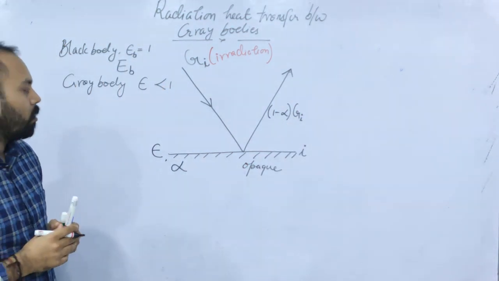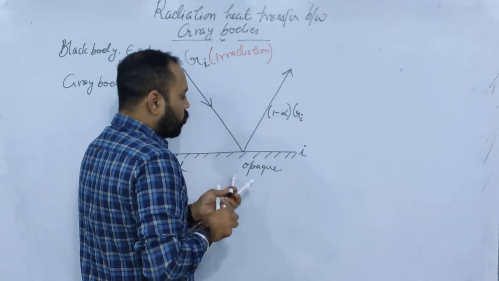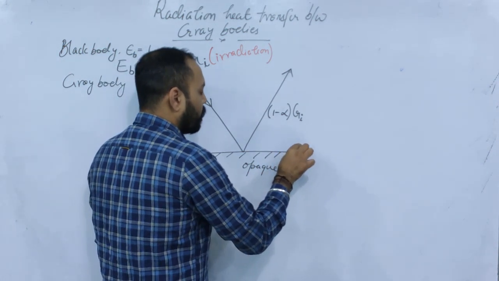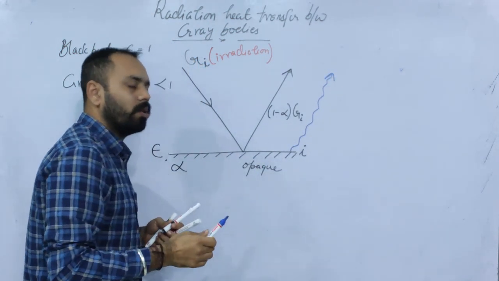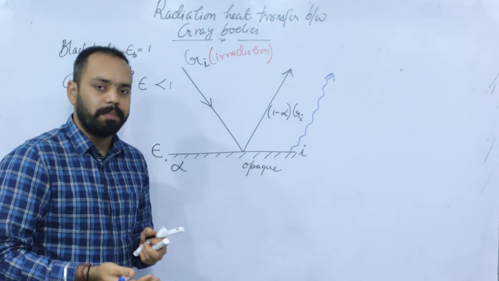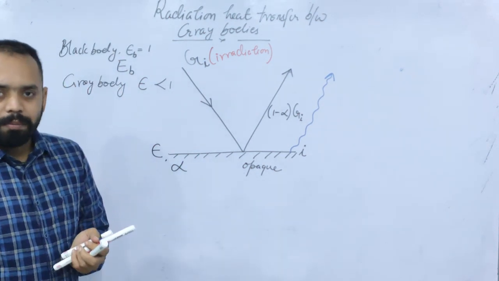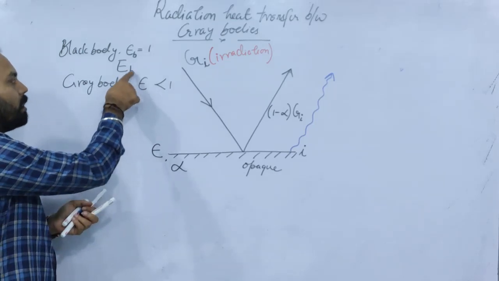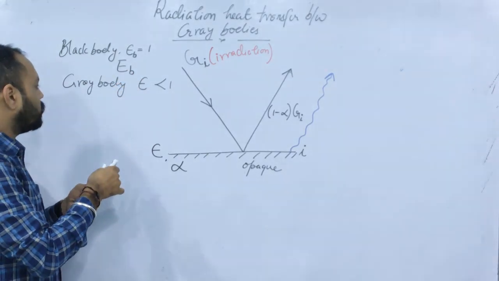Fine. Also, this body is going to emit some radiation. This is the radiation emitted by the body. Please note that the reflected part and the emitted part, these two are different. So what is the emitted radiation? If it is a black body, then the emitted radiation is EBI. But if it is a non-black body, then what is the relation for epsilon?